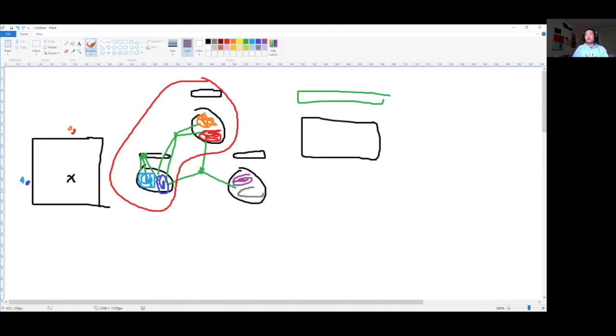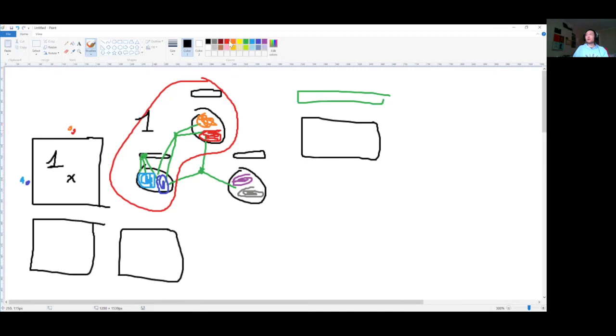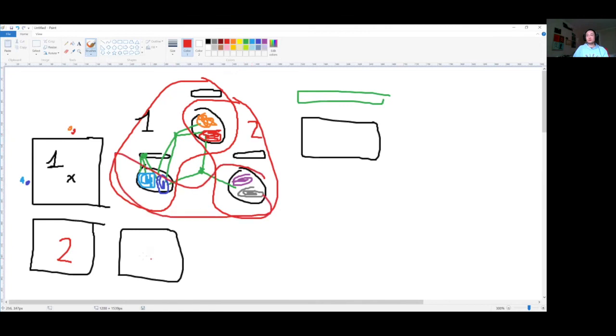Here's where matrix multiplication helps, because we're multiplying the number of ways to do it here, times the number of ways to do it here, times the number of ways to do it here. We're multiplying these 3 matrices together. Let's say this is 1, this is 1, and the 2 would be here, and 3 would be here. So this is where we're using matrix multiplication.